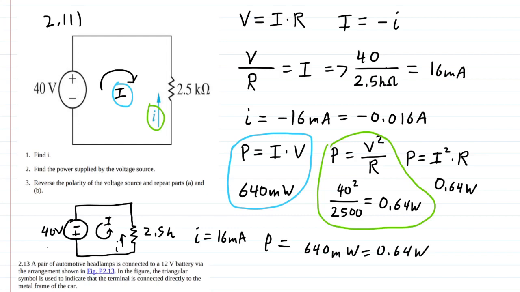Nothing has changed here. The only thing that happened is that we flipped the battery, or whatever voltage source this is, and it made the little I go in the same direction as the big I.